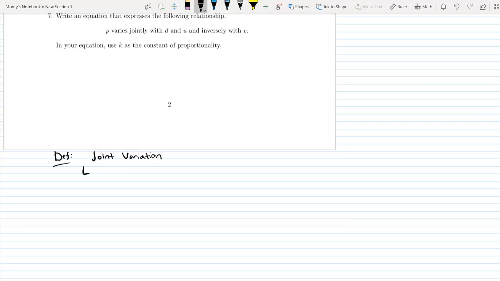Okay, so again, k is going to be a non-zero constant real number. k will show up here as well.